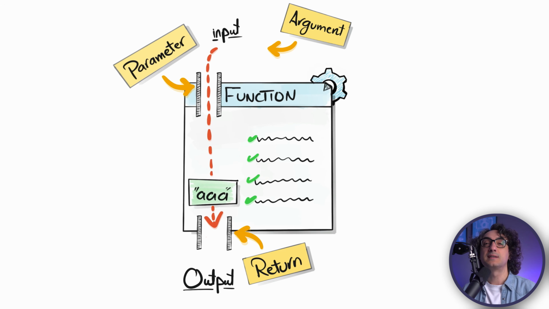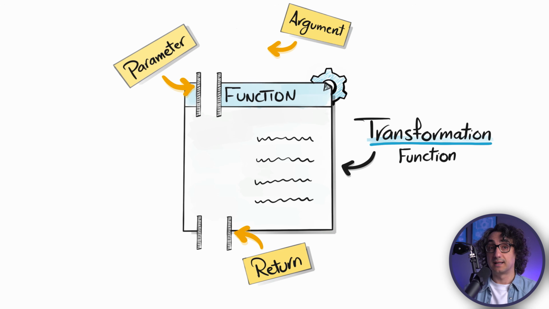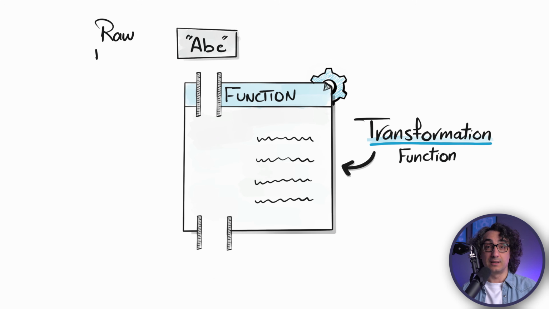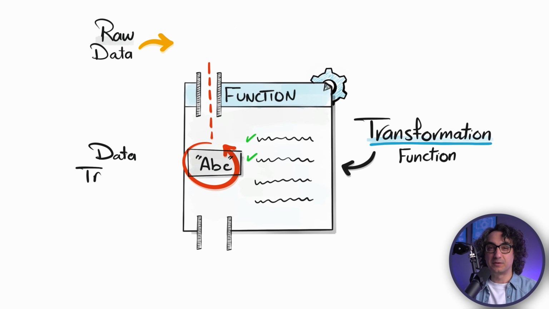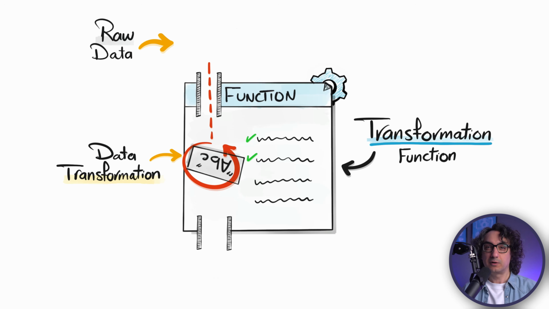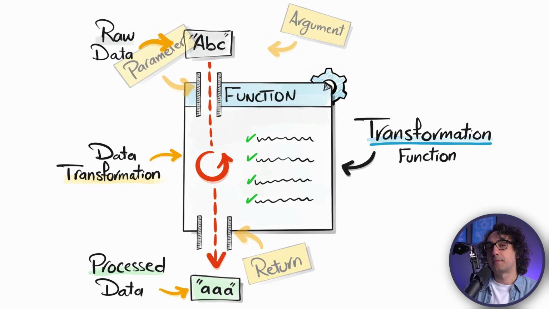So now, this is the most famous shape of functions. We call it the transformation function because it works like this. We send the raw values to the function, so data goes in, then something happens to the data. So the data is transformed to a different shape, and then this data comes out and returns back to the program in order to do something else with it.